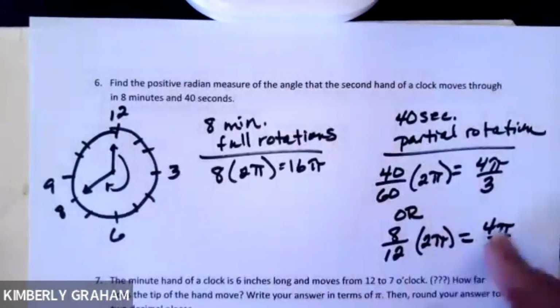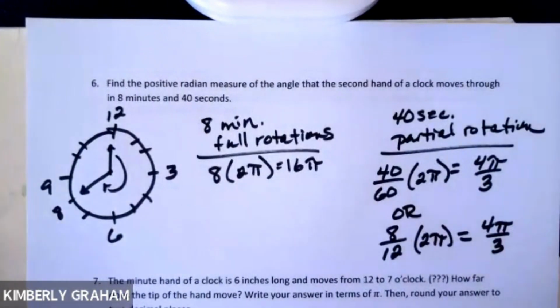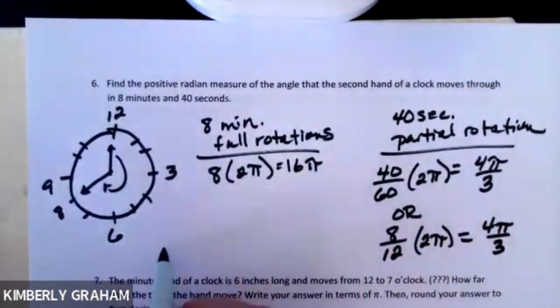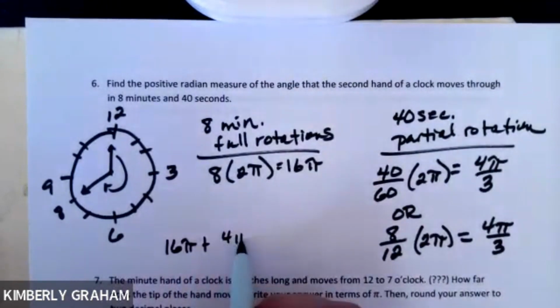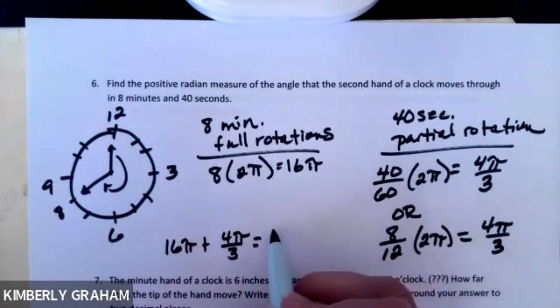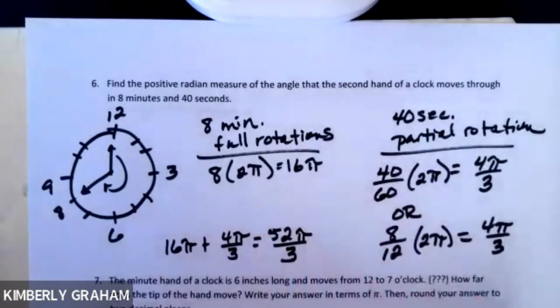So either way I do this 40 seconds, I get 4 pi over 3. Now I just need to add these two together, 16 pi plus 4 pi over 3, and that will give me my total angle measure, 52 pi over 3.